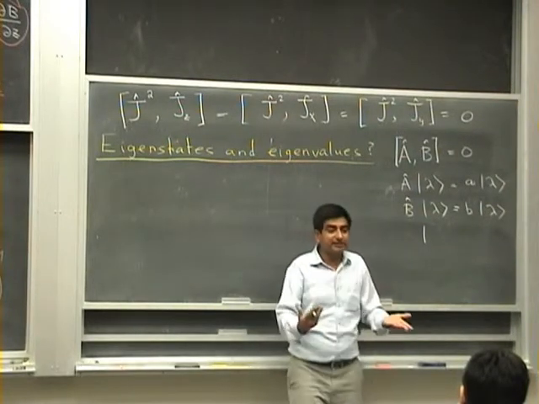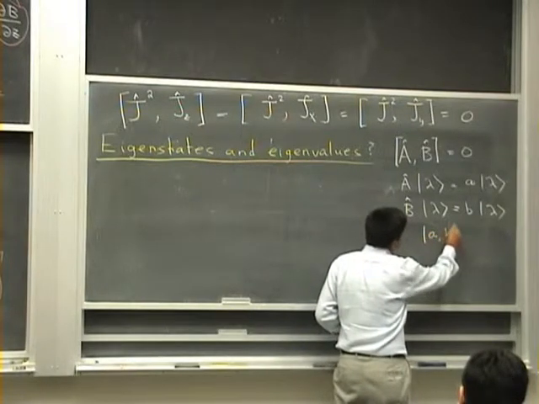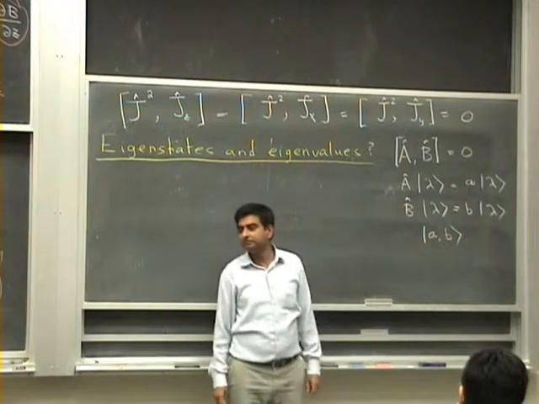So for our convenience, we can also label these states as a comma b. Right? Instead of lambda, I'm writing a comma b.